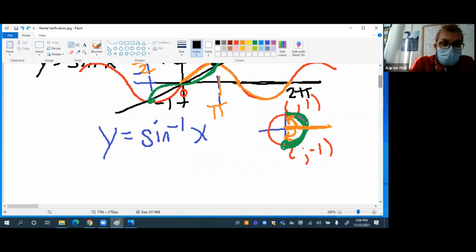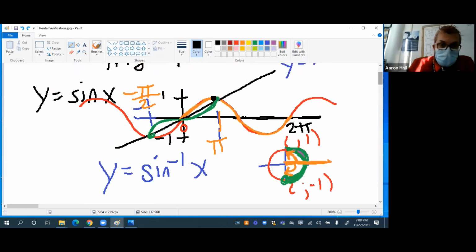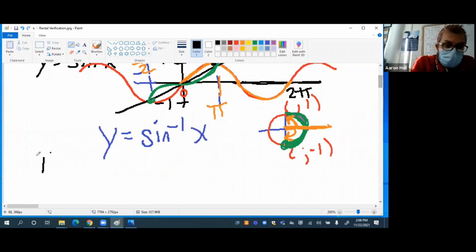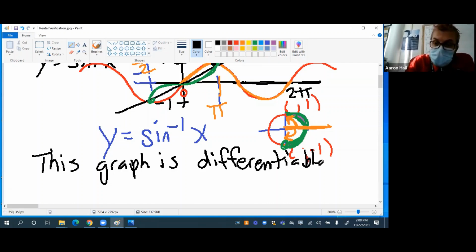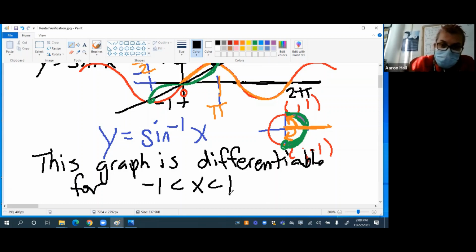So the inverse of sine, this graph, is differentiable for, let's do from -1 to 1, not including -1 and not including 1.